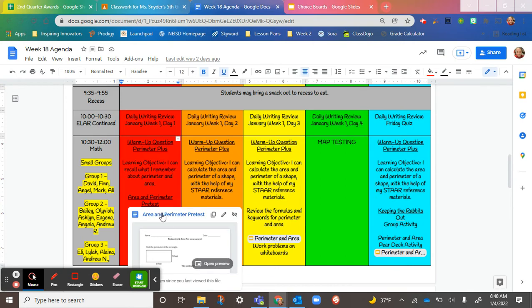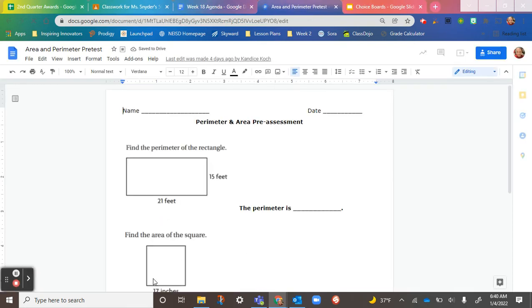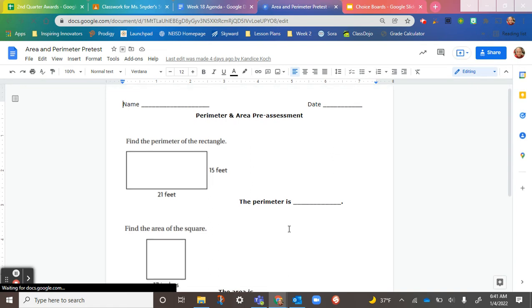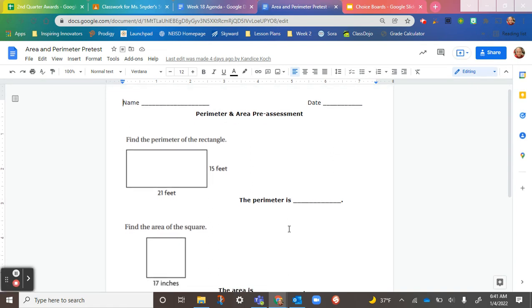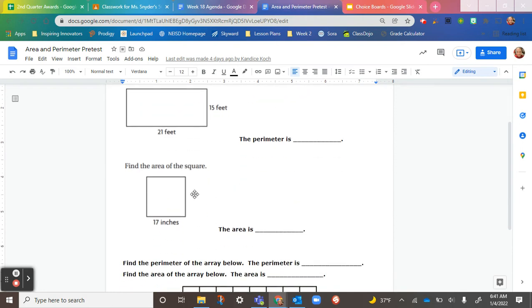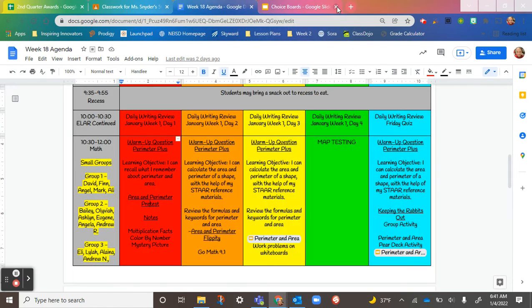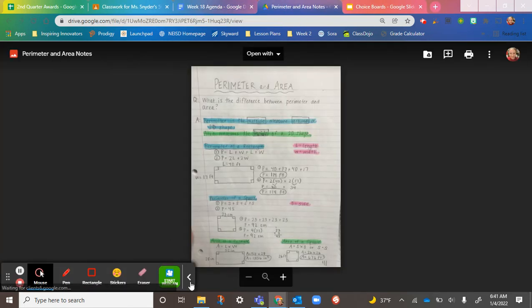So we took a pretest, and this is in your take-home folder as well. So it's just seeing what you remember from last year. So finding the perimeter of the rectangle, finding the area of the square, and then finding the perimeter and area of the shape below. So we did that.